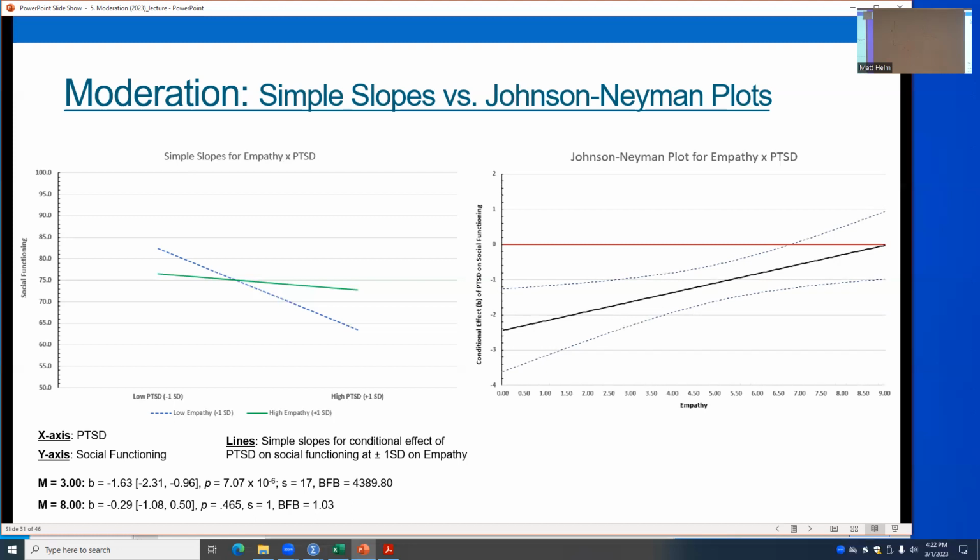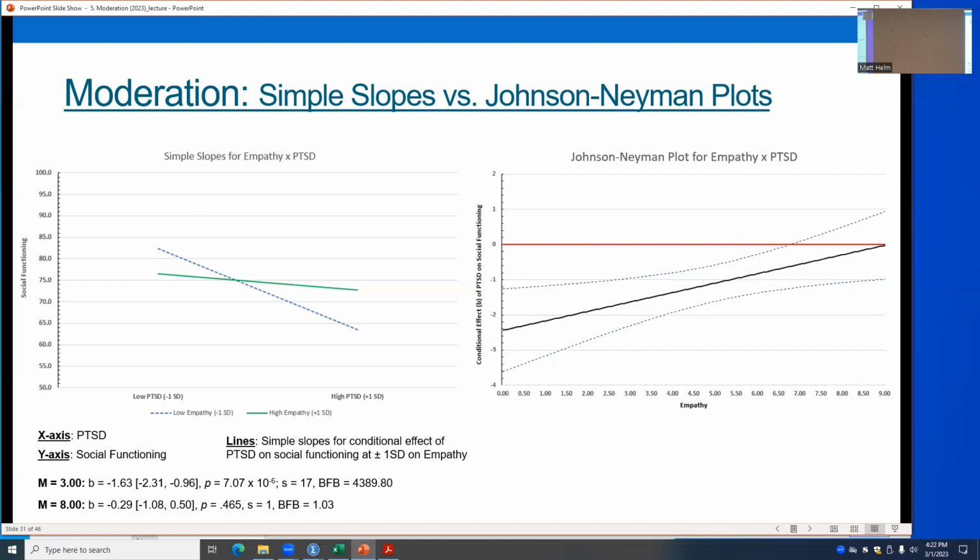And what I've done here is just plotted this at 0.05 unit intervals. And then my Y axis here, this is my simple slope. The Y axis represents the simple slope of PTSD on social functioning at different levels of empathy, okay? And so what we do is we have our line, and then we've got confidence bounds around that line, okay?